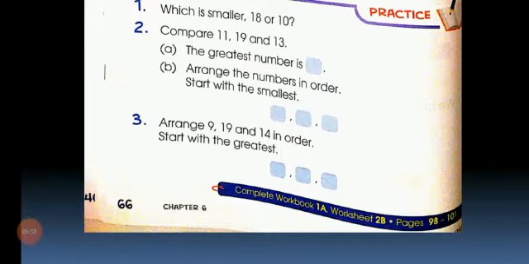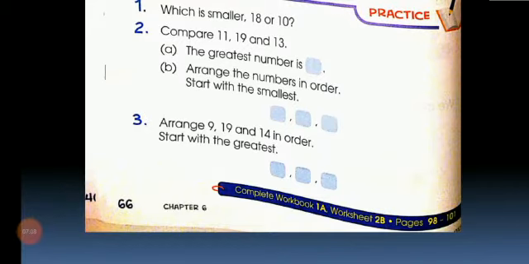Arrange the numbers in order. Start with the smallest. Which is the smallest number? Yes, 11. Then comes 13 and 19. Now question number 3. Arrange 9, 19 and 14 in order. Start with the greatest.